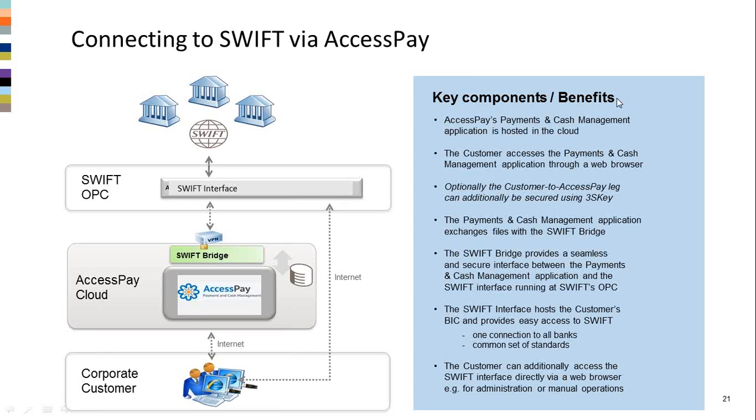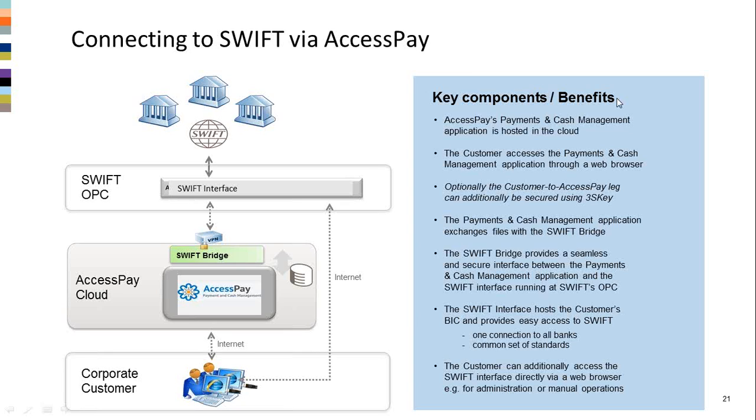These are then handed over to what we're calling a Swift bridge, which has been installed and set up in the AccessPay cloud, that then delivers those files of transactions seamlessly and securely through a Swift VPN connection, to the Swift interface that is actually running within Swift's operating centers.